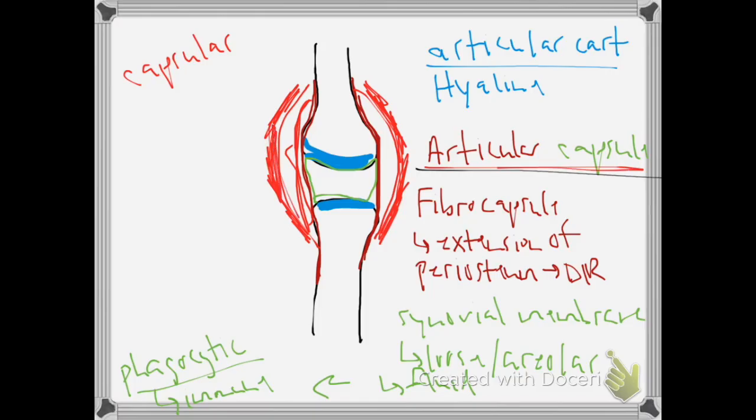All this stuff on top of it, all these lines that I'm drawing right now, these are called extracapsular ligaments. Yes, this is an E, not a Z. What do ligaments do? They add stability. They regulate movement.